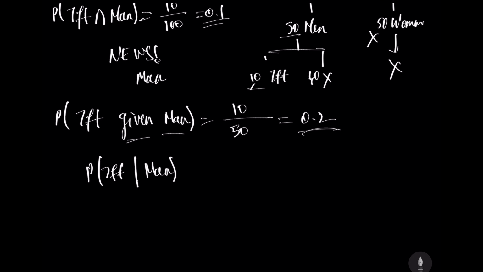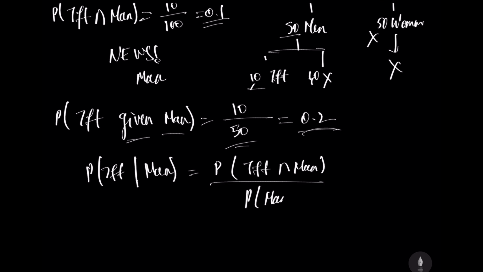This is conditional probability. Now, life is not simple. Here we got the numbers directly. We solve math problems using formulas. So the formula for conditional probability is the joint probability that a person is 7 feet tall and a man, divided by the probability that this person is a man. So the condition, the update, goes to the denominator.